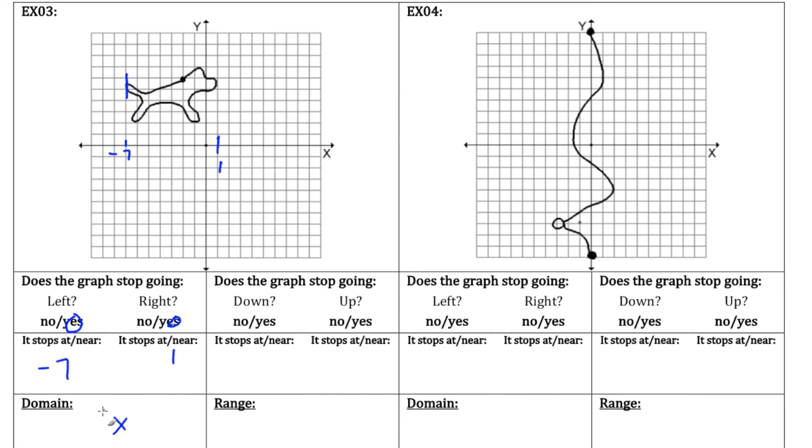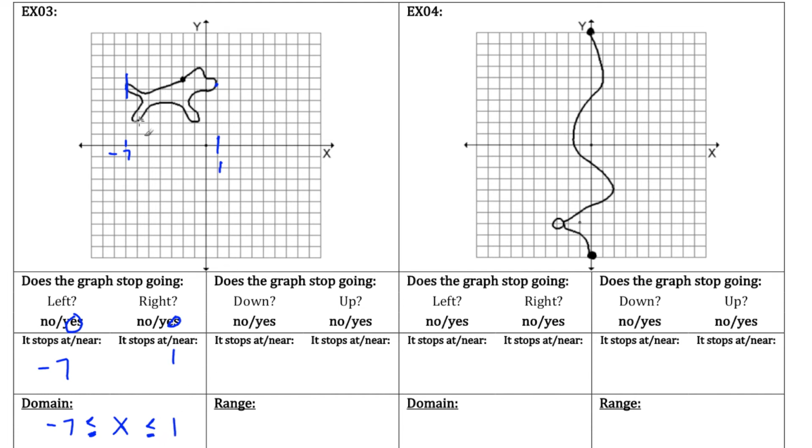So all the x values are between -7 and 1. They don't show you, but remember, these are all dots. I guess 1 stands out right there, but they're all points. And it does in fact touch here and here. So bigger than or equal to -7 and less than or equal to 1.